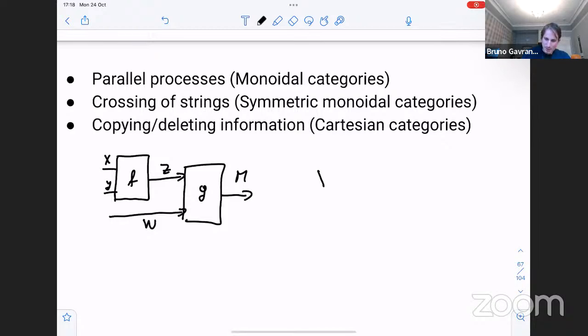First of all, we would look at what is on the left side, what are the inputs? This would be X tensor Y tensor W. We can look at what's on the output. This is going to be M.